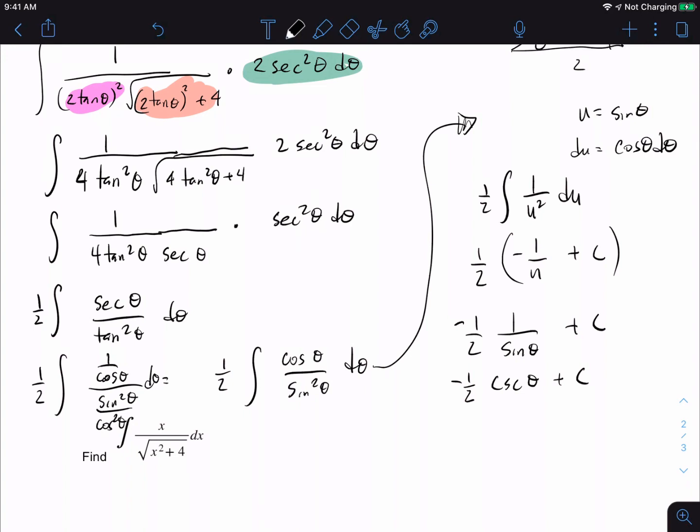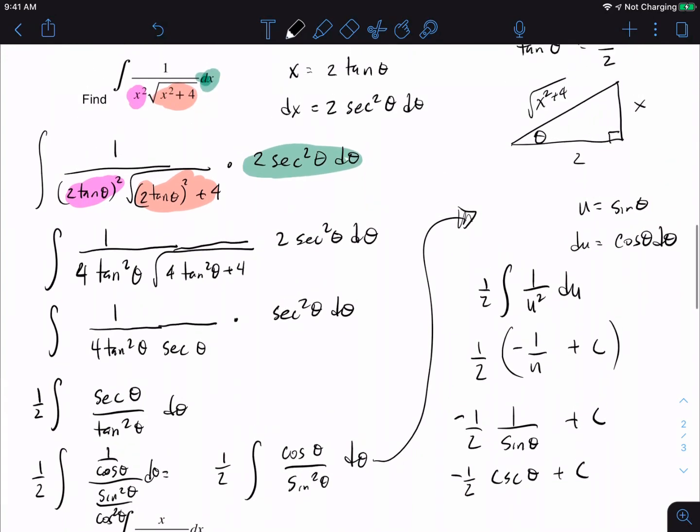Now we have to look at our triangle, right? Sine is opposite over hypotenuse, so cosecant is hypotenuse over opposite, correct? The hypotenuse is this.